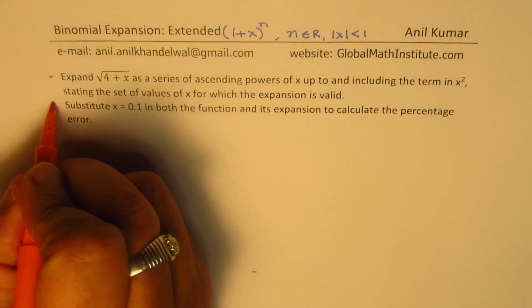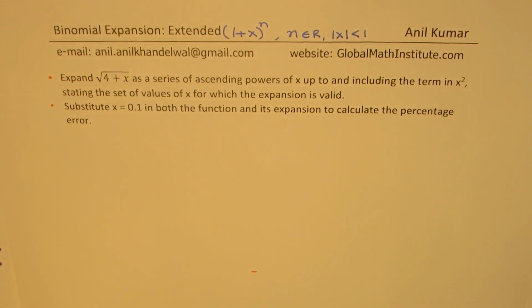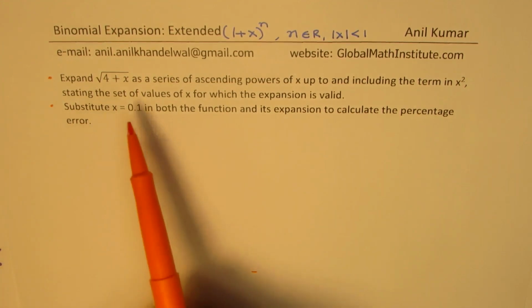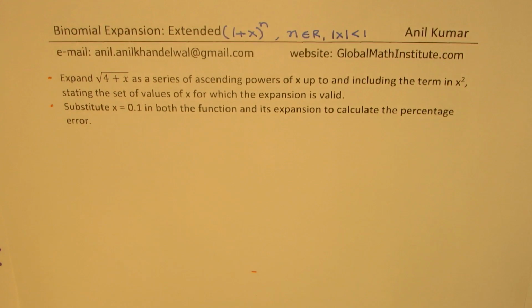And the second part to this is: substitute x equals 0.1 in both the function and its expansion to calculate the percentage error. So if I substitute 0.1, I get 4.1. So basically, we are trying to find the square root of 4.1. So we'll estimate using the binomial expansion, and then we'll see what is the percentage error, right?